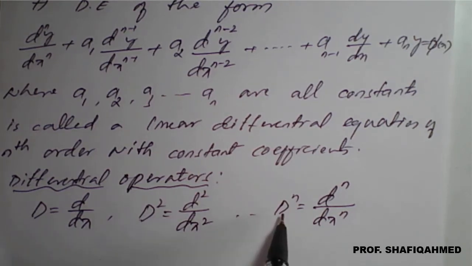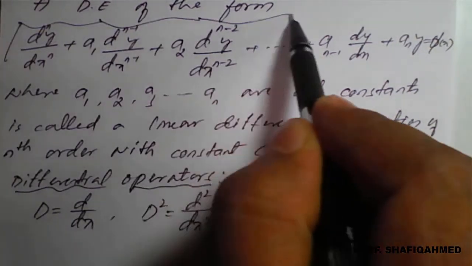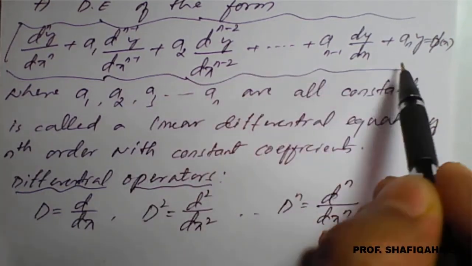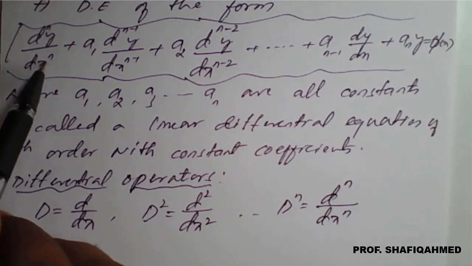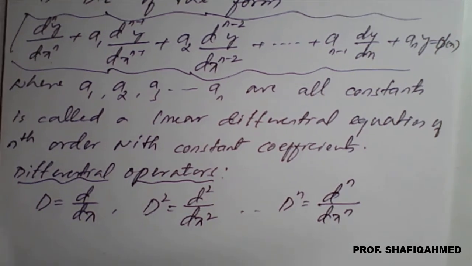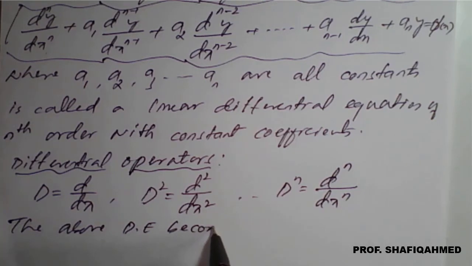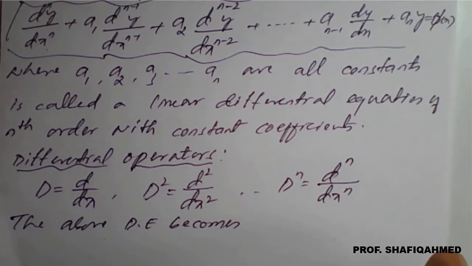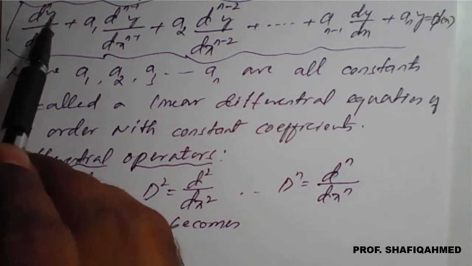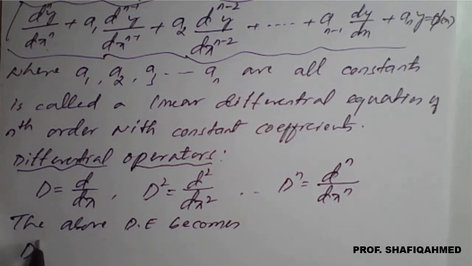If we apply this same symbol to the above differential equation, d raised to n divided by dx raised to n is replaced by capital D raised to n into y. So the above differential equation becomes: y we keep as it is, only d raised to n by dx raised to n is replaced by capital D raised to n.